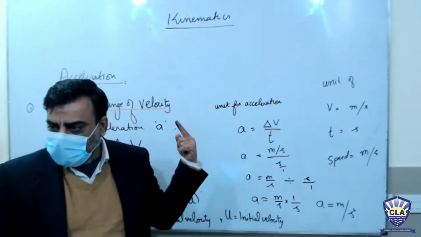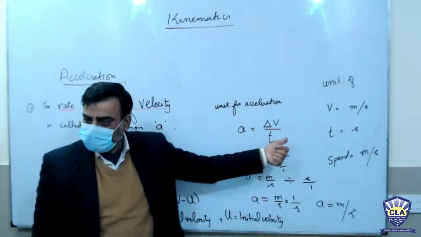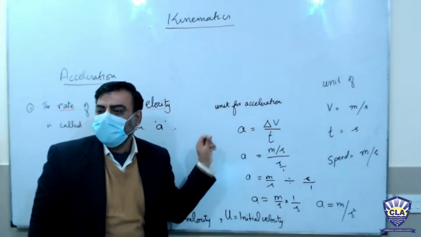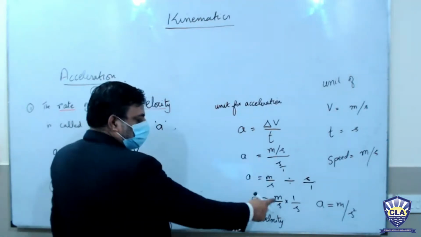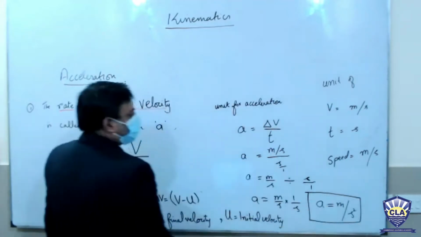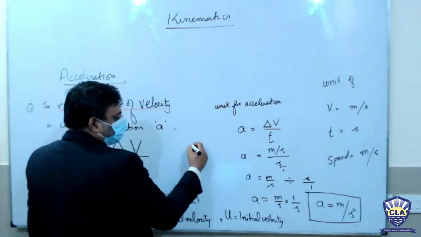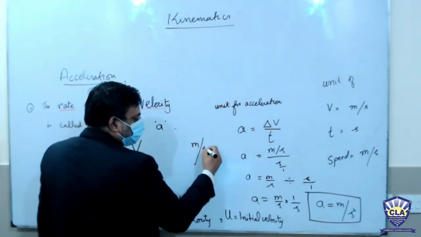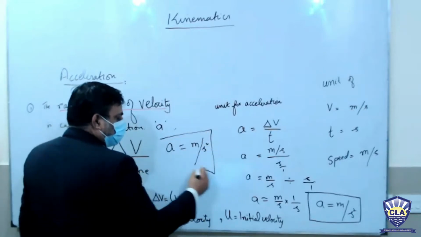You remember fundamental and derived quantities? So acceleration is a derived quantity. We can derive its unit by placing the units of base quantities there. So acceleration is measured in meters per second square. This is the unit for it.